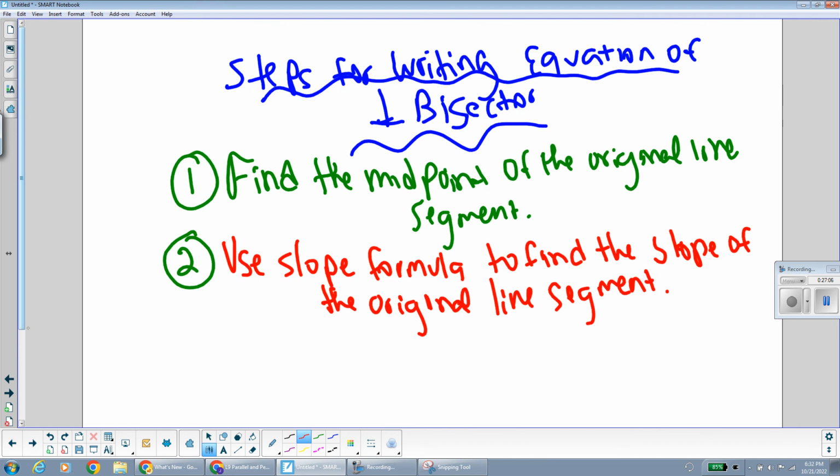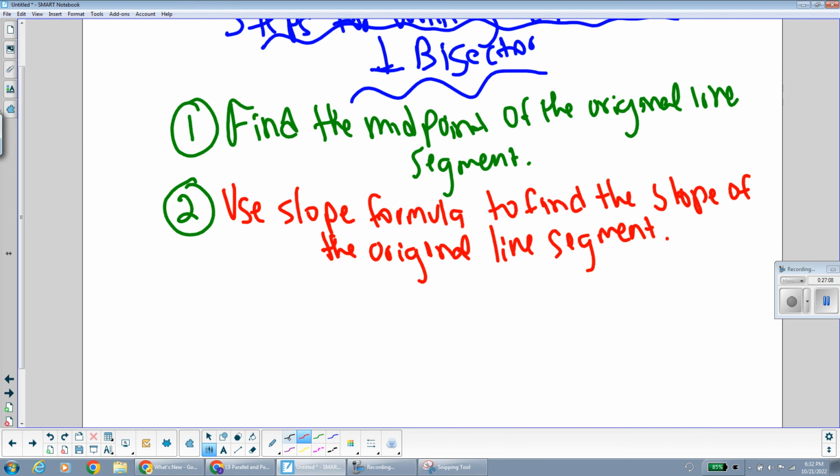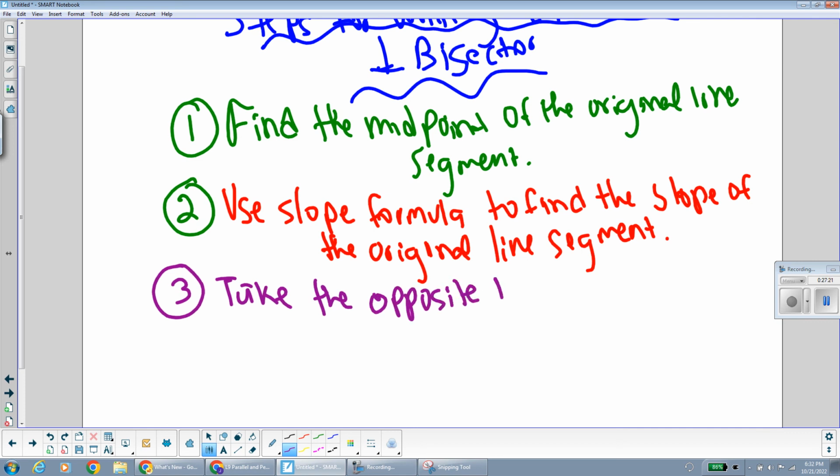Once you have the slope of the original line segment, since this is a perpendicular bisector, you do need the opposite reciprocal slope. Take the opposite reciprocal slope.